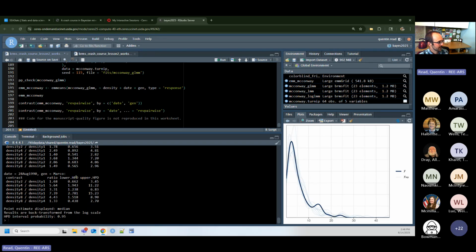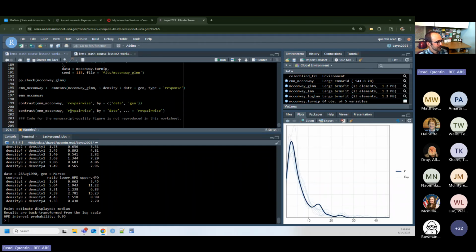But if we looked at the Marco genotype, and the biggest difference, between the lowest and the highest planting density, there was a sevenfold increase in yield between the two. And here's the 95% credible interval, which means we're 95% sure, given the data, that the true difference was somewhere between 3 times and 15 times. So that's a pretty big difference.